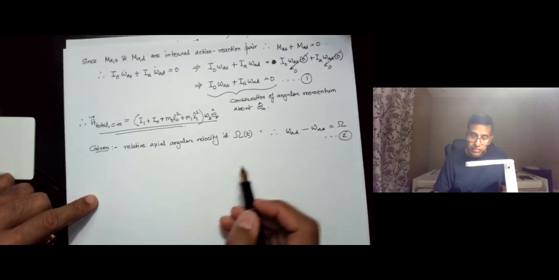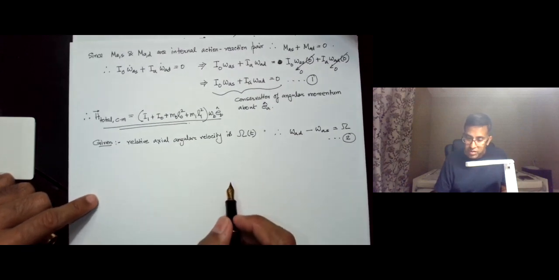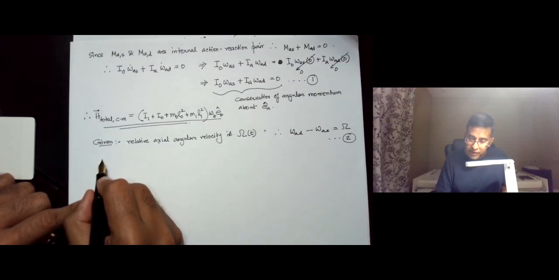From these two, we should be able to deduce the values of omega AD and omega AS.